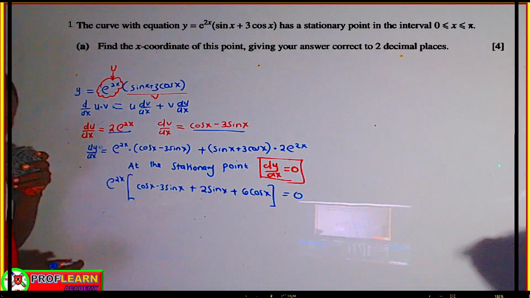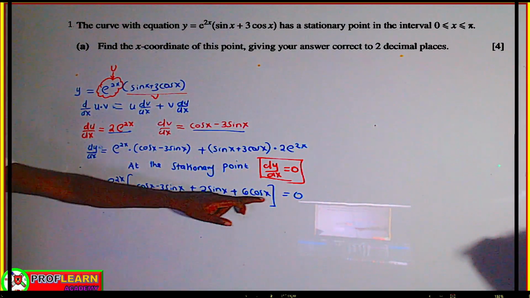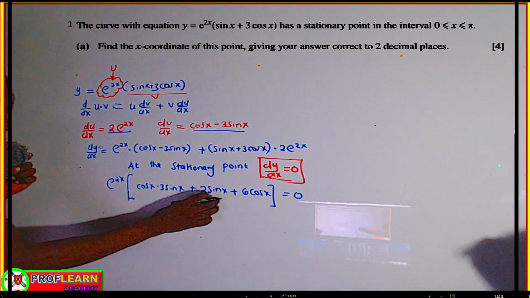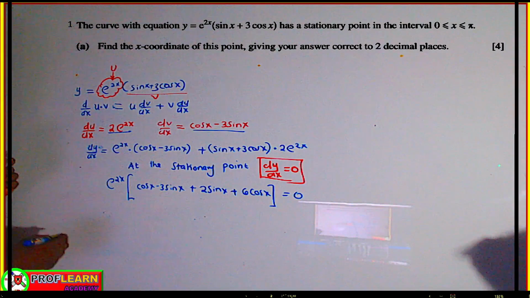So at this given point, if you can open your eyes widely, you can see we have cos x plus 6 cos x, which is going to give us 7 cos x. And minus 3 sin x plus 2 sin x is going to simplify.